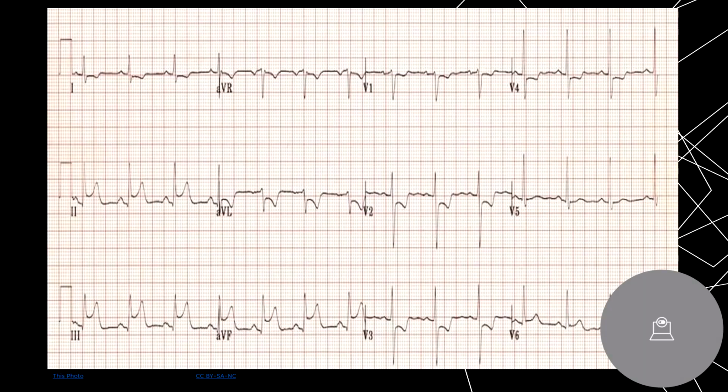So let's go to another one here. All right, so let's go to V1 and V2. Yep. Okay, so let's look at this complex. Okay, so we have termination right there. See, it's a little depressed, a little bit.